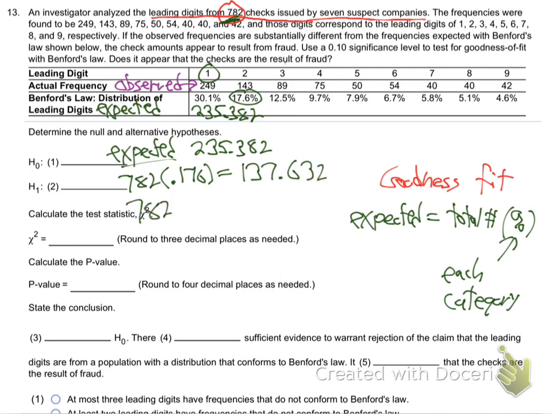Then I took the total number of checks times 0.125, the next category, and got 97.75. So I'm writing out how many checks I expected to be in the various categories if Benford's law was really being followed. Next category, 782 times 0.097, I got 75.854.